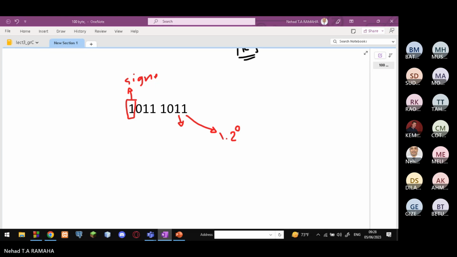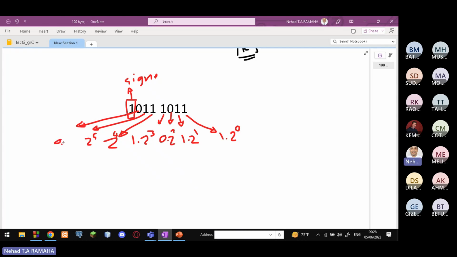This one multiplied by 2 power 1. 0 multiplied by 2 power 2. 1 multiplied by 2 power 3. 2 power 4. 2 power 5.